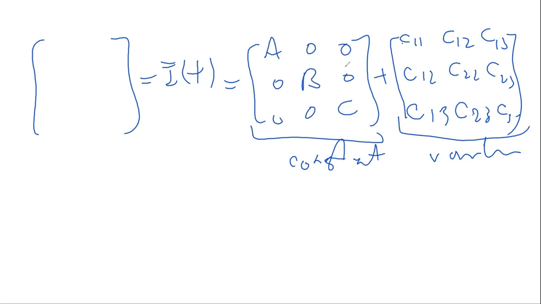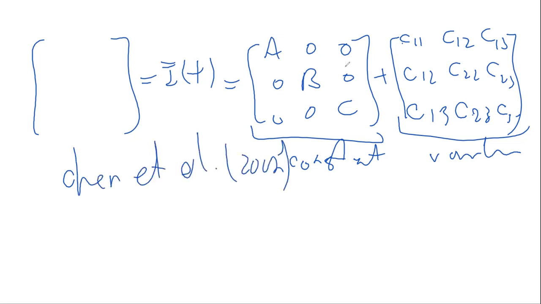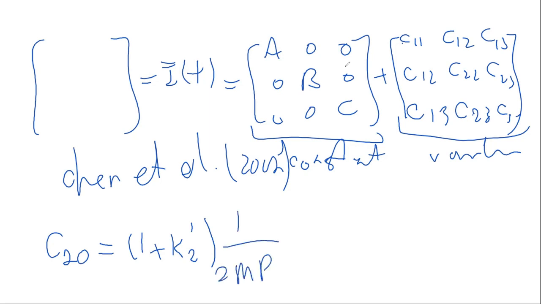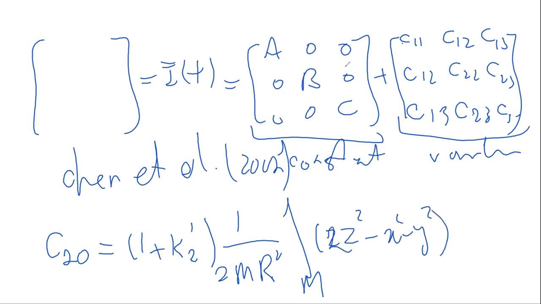It is known and proven by Chen in 2005, in a big formula, that the C20 spherical harmonic of the gravitational potential is 1 plus k2 prime, where k is a Love number, times 1 over 2 M R squared, times the integral over the whole area of 2 z squared minus x squared minus y squared, dm.